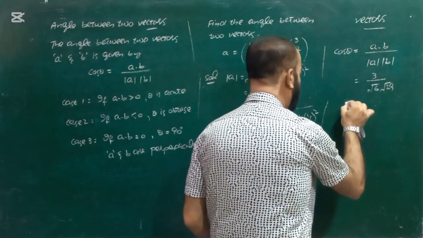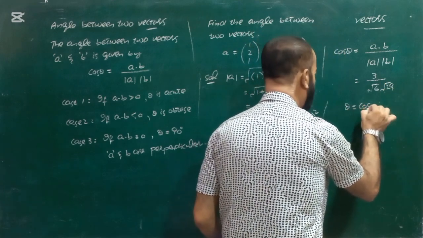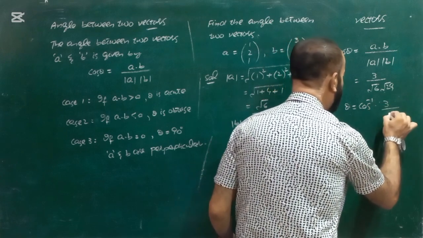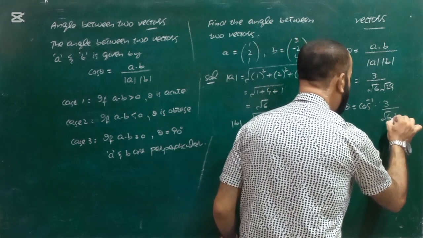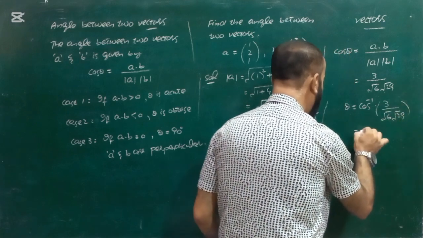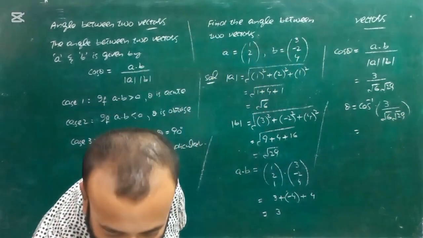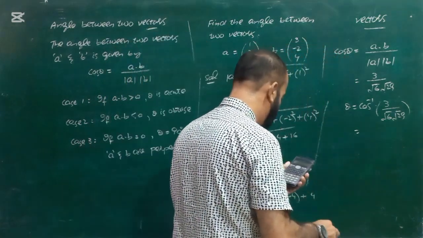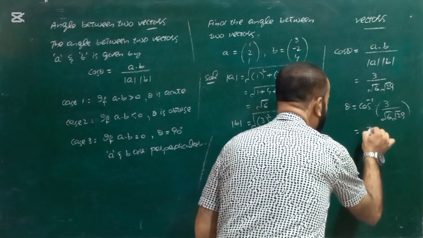So from here, theta will be equal to cos inverse 3 over square root 6 square root 29. So solving it on the calculator, the answer is 76.9 degree.